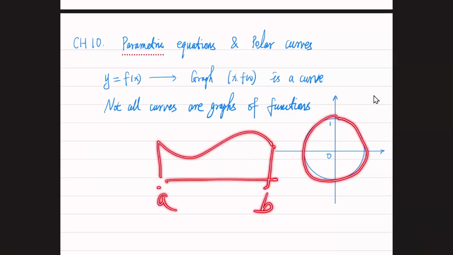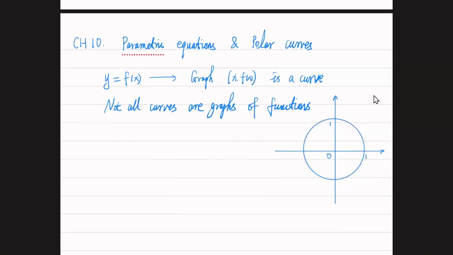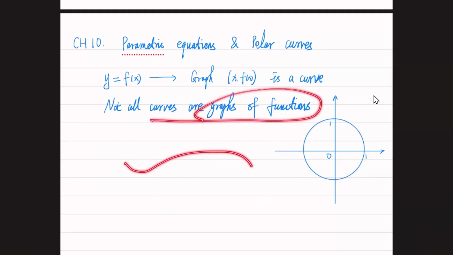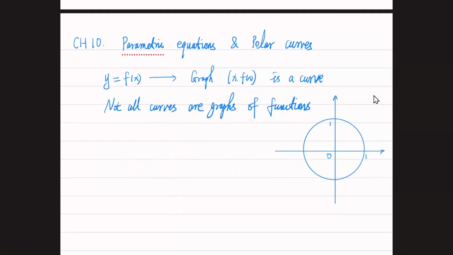So for a curve to be the graph of some function, it has to pass the vertical line test. Every vertical line can intersect the curve at most once. In that case, it can be written as a function. In our case, if we draw a vertical line, it intersects at 2 points.